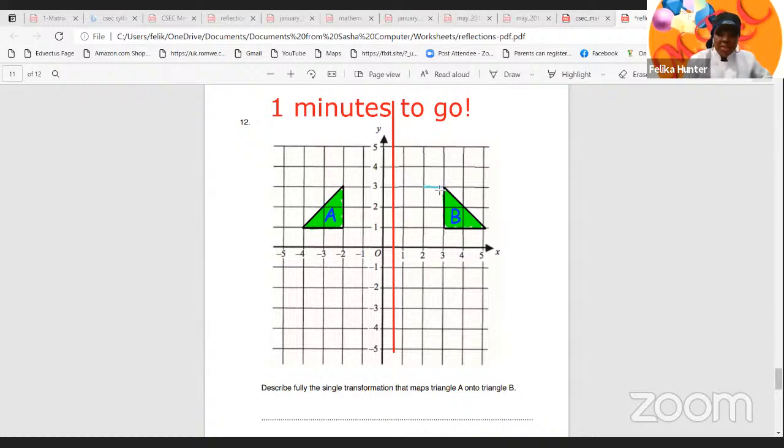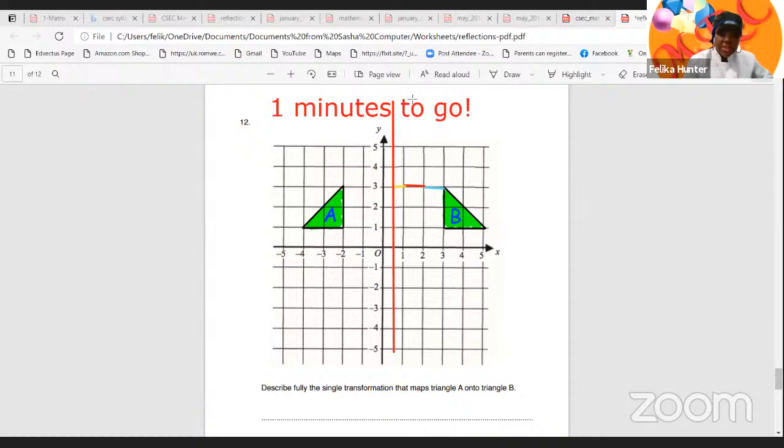So that's one step, so that's one step, 2 steps, 2.5.